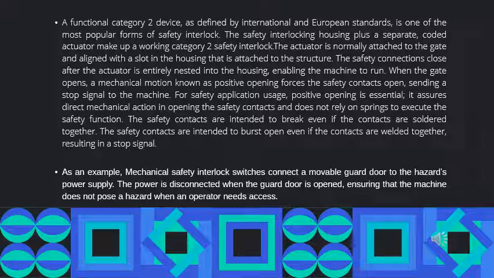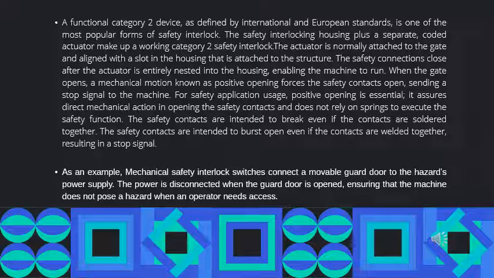The safety interlock housing plus a separate coded actuator make up a working Category 2 safety interlock. The actuator is normally attached to the gate and aligned with a slot in the housing that is attached to the structure. The safety connections close after the actuator is tightly nested into the housing, enabling the machine to run.